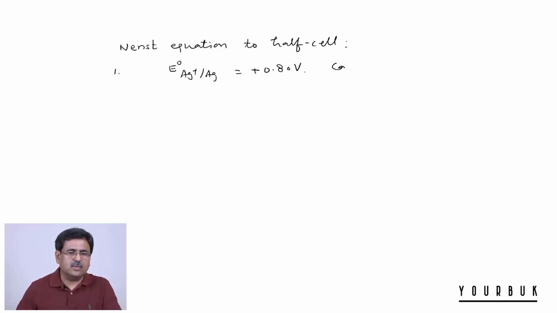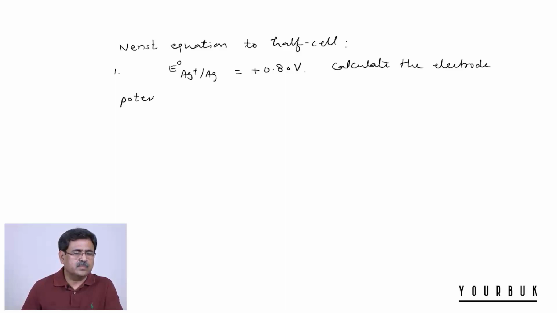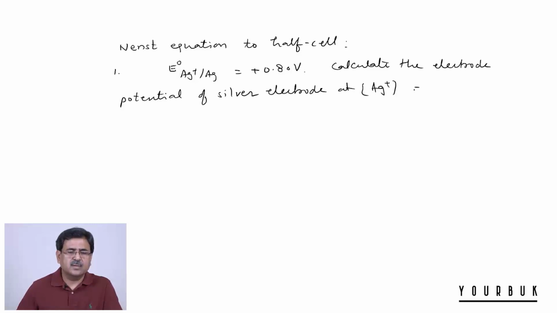And the question is to calculate the electrode potential of the silver electrode at silver ion concentration equal to 10 raised to power minus 3 moles per liter. Now when we say electrode potential, it always means the reduction potential. Our aim is to find out the electrode potential for this electrode.